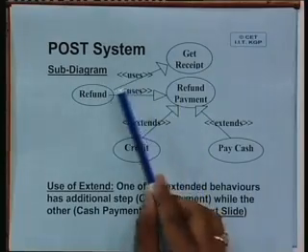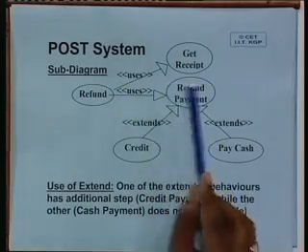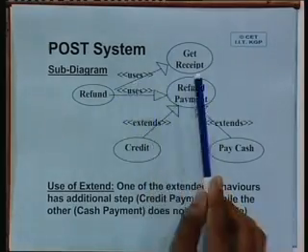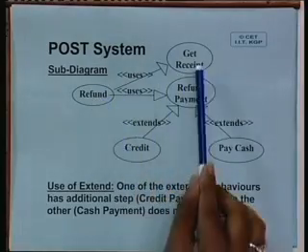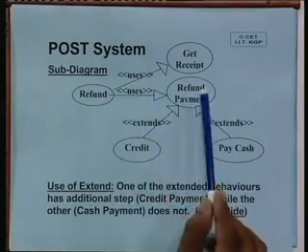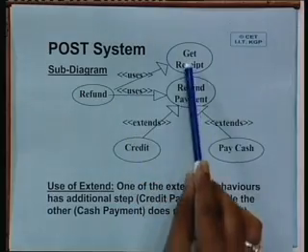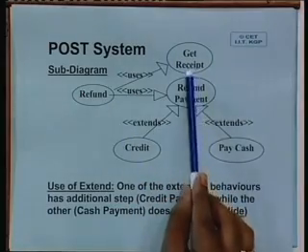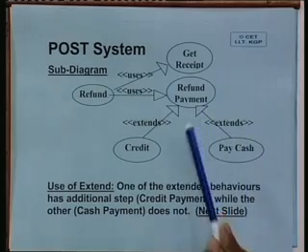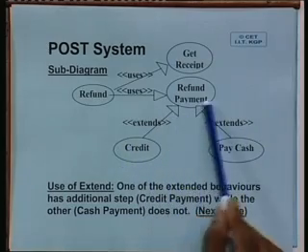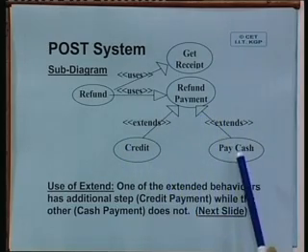So, we have an arrow, and these arrows use get receipt and refund payment. The arrow is from refund to get receipt, and from refund to refund payment, because these are the two sub use cases which are components of refund. But these two, see, the refund payment basically is of two types.